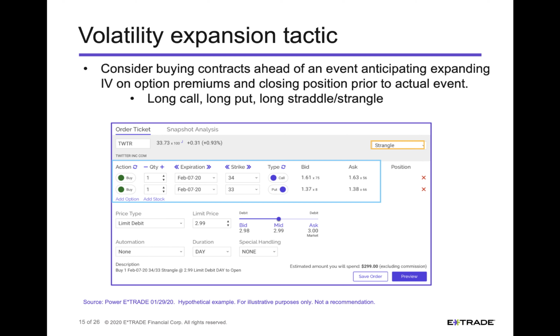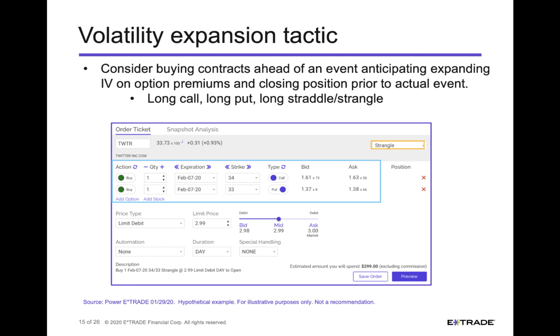Now, again, we're not going to be in this trade all the way through the actual earnings release. We are in this potentially, if this is something that you want to engage in, for the idea that as volatility expands, the value of the at the money or slightly out of the money call and slightly out of the money put is going to increase as volatility expansion does.